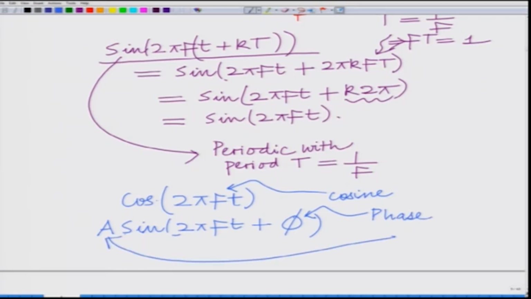So, this general sinusoidal signal, a pure sinusoid with frequency f, has a fundamental period capital T equals 1 over f.